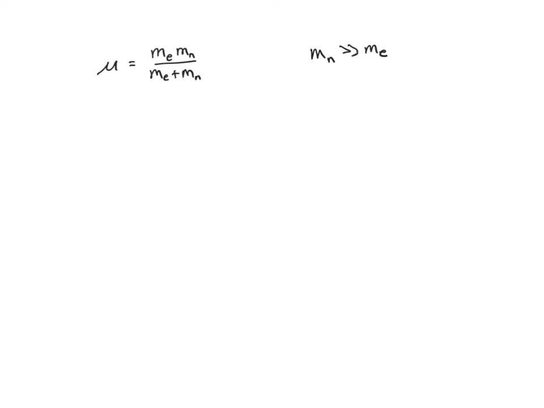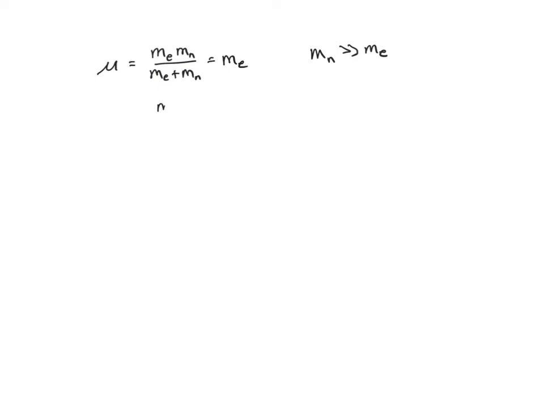And so if we have a very big number and we add a tiny, tiny number to that, we have essentially just this big number. And so we can approximate this to a very high degree as just equal to the mass of the electron.